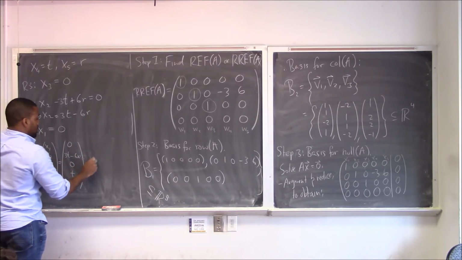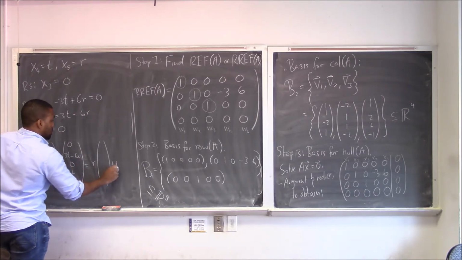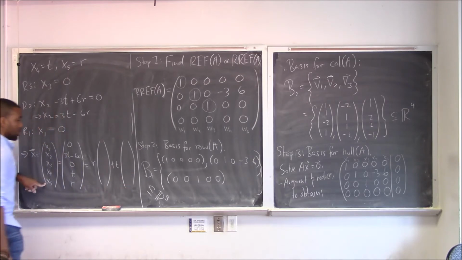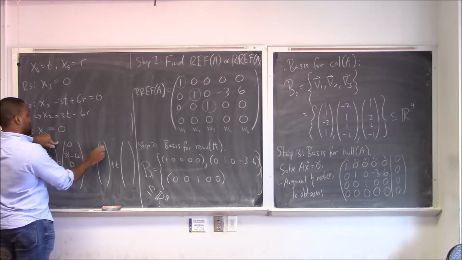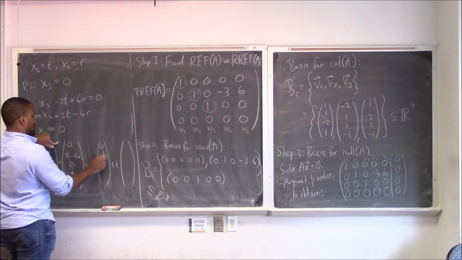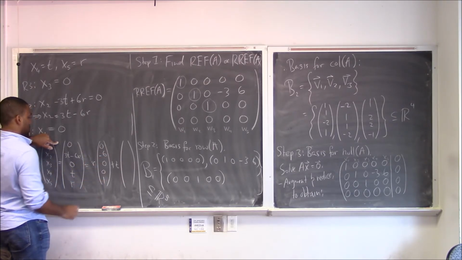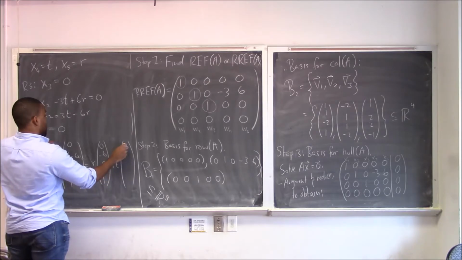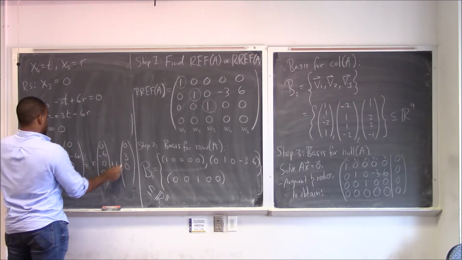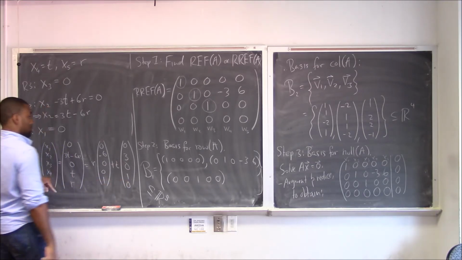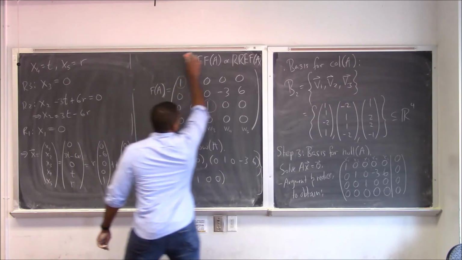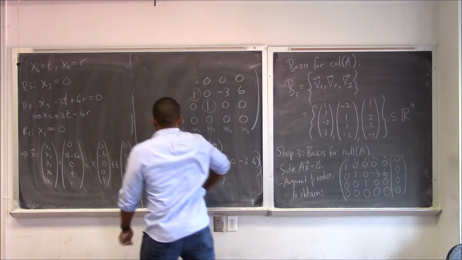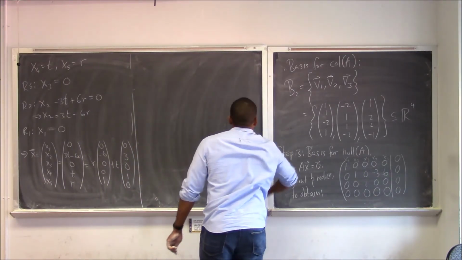We can split this into vectors that are coefficients of r and t. So the coefficients of r are 0, minus 6, 0, 0, 1. And the coefficients of t are 0, 3, 0, 1, 0. And so the basis for the null space are those two vectors.